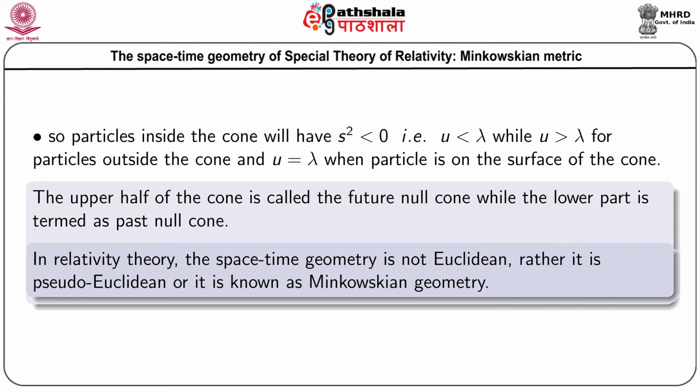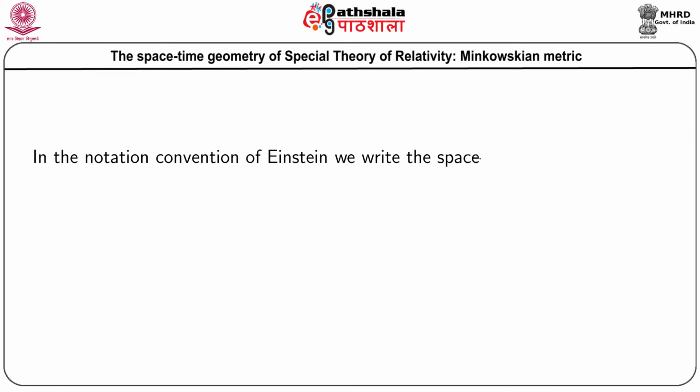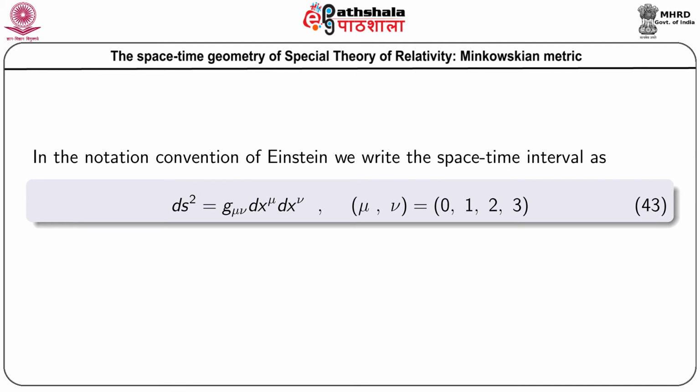Now, in relativity theory, the space time geometry is not Euclidean, rather it is pseudo Euclidean, or it is known as Minkowskian geometry. In the notation convention of Einstein, we write the space time interval as ds² = g_μν dx^μ dx^ν, where μ, ν run from 0 to 3.